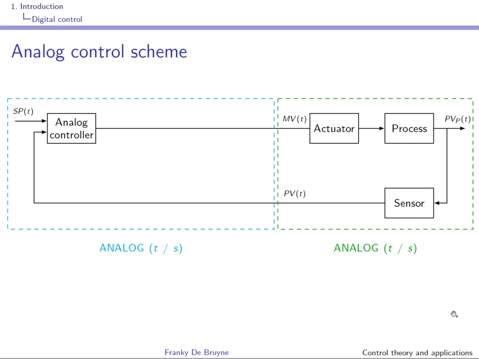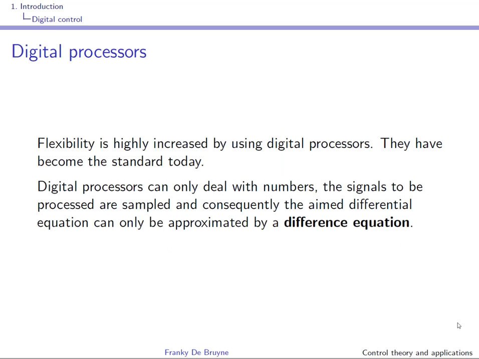The conventional analog controller is thought to be between the output PV of t and the input MV of t. Of course, nowadays we use digital processors to implement the controller.